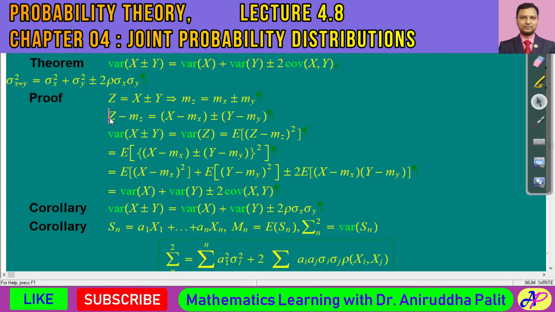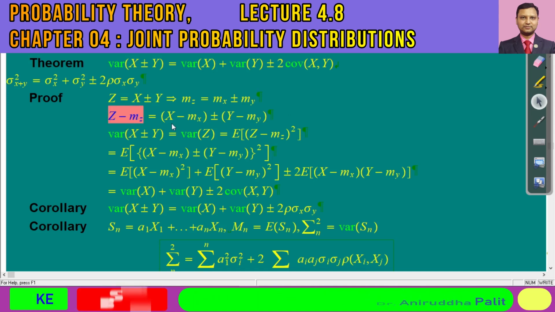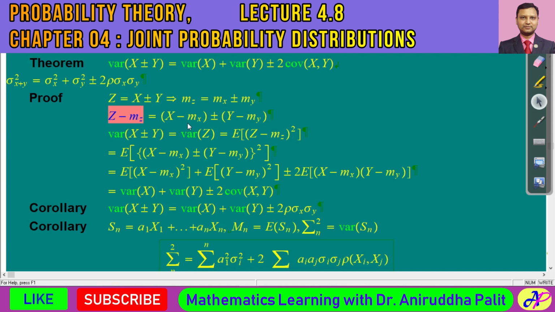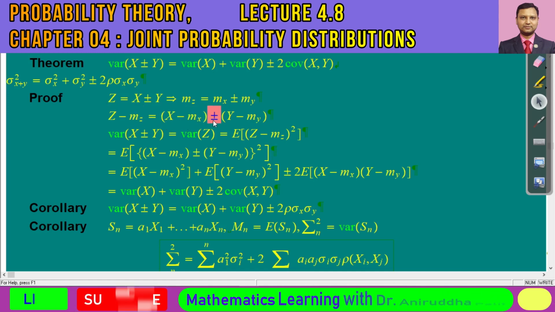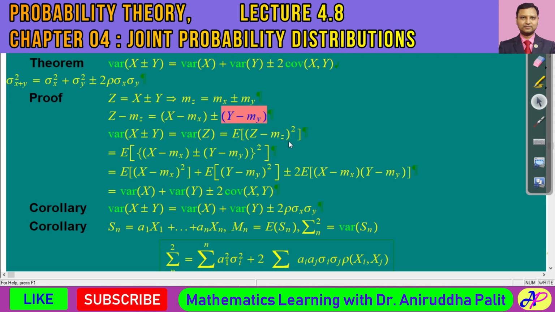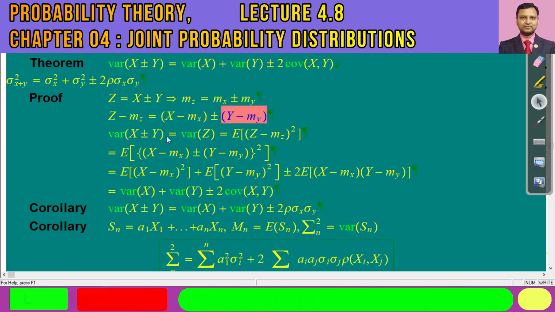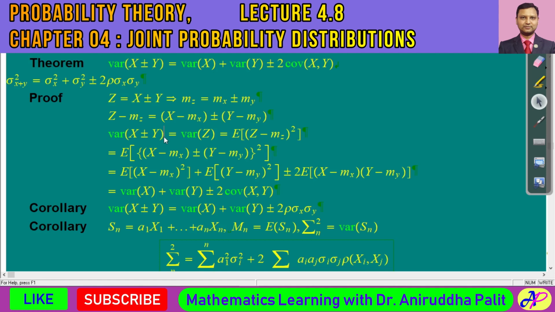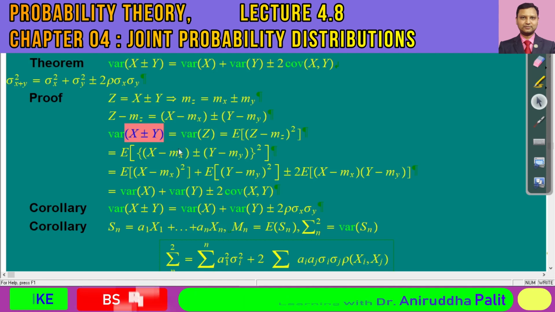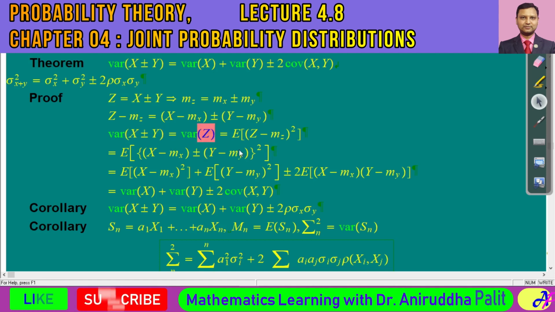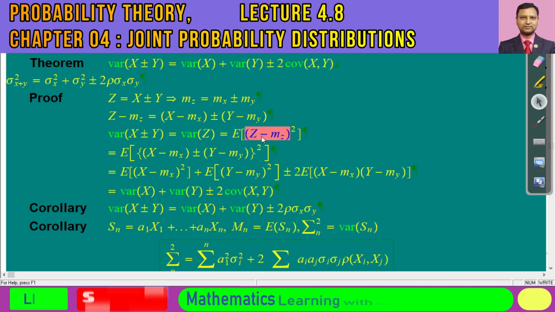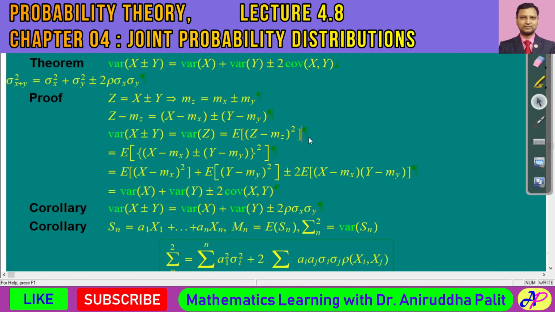Therefore, z minus mz is equal to x minus mx plus minus y minus my. So the variance of x plus minus y is equal to the variance of z, and its formula is the expectation of z minus m of z, whole square.